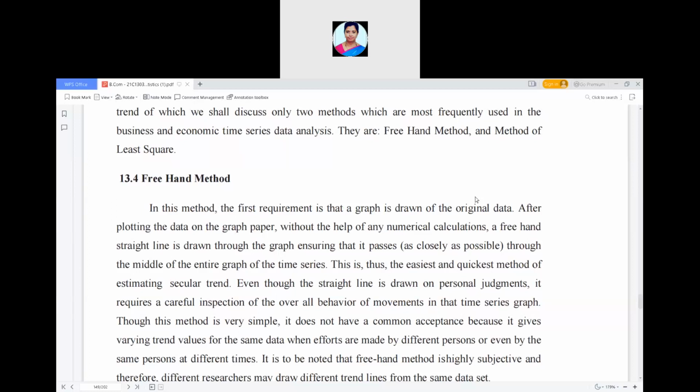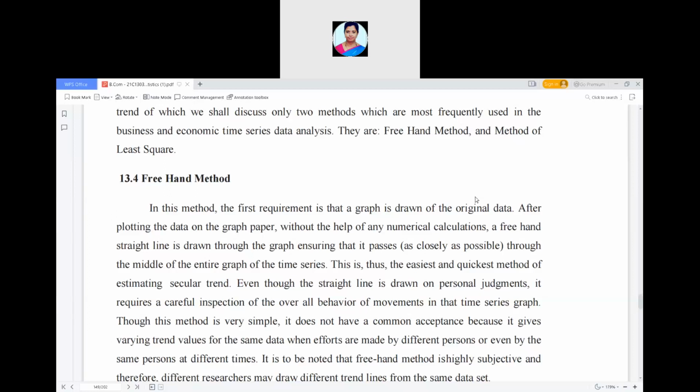What we are going to do is plot the time series on a graph, and then examine carefully the direction of the trend based on the plotted dots, and then draw the straight line which gives the best fit to the data according to personal judgment. This line now shows the direction of the trend.